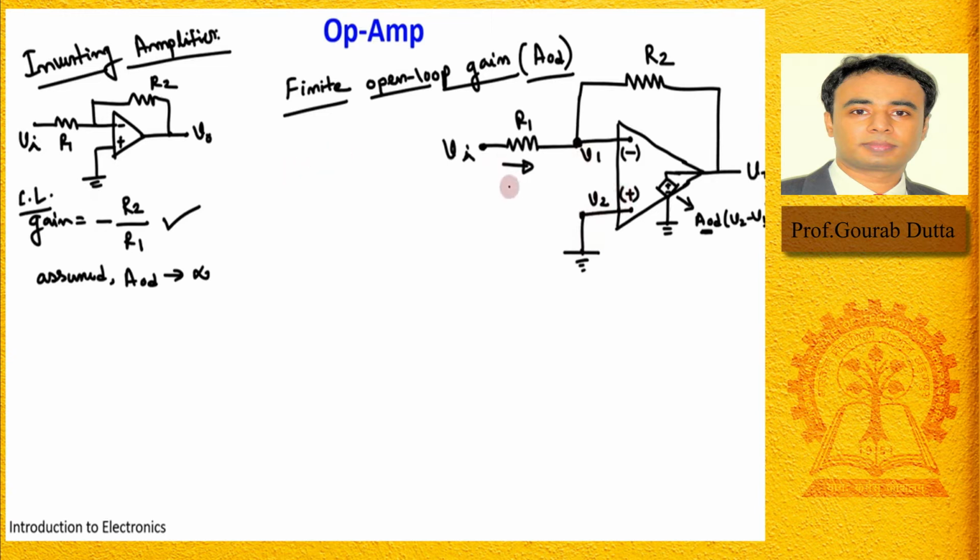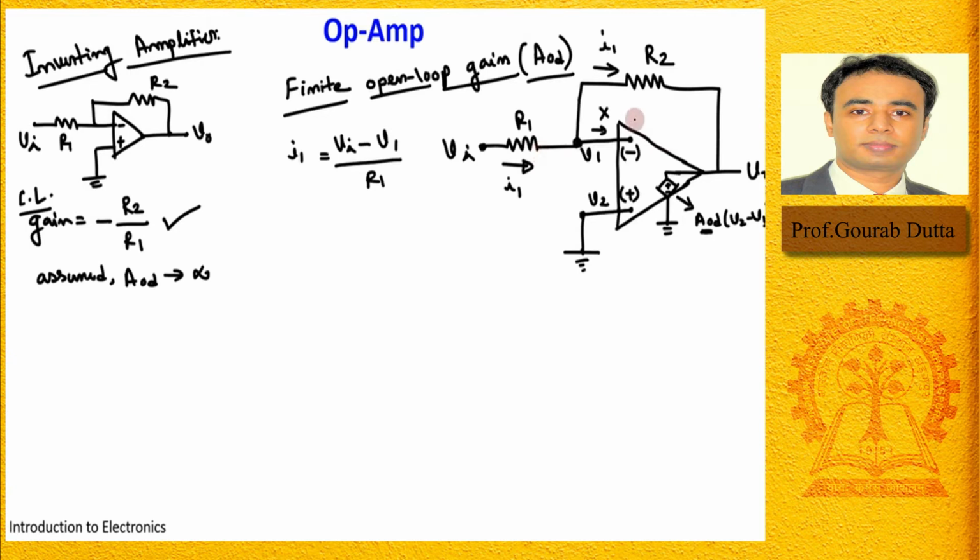What will be the current I1 flowing from this to this? I1 will be equal to V in minus V1, divided by R1. As we are considering that the op amp input resistance is infinite, no current is flowing inside this op amp. So this I1 current has to flow through this R2, isn't it?